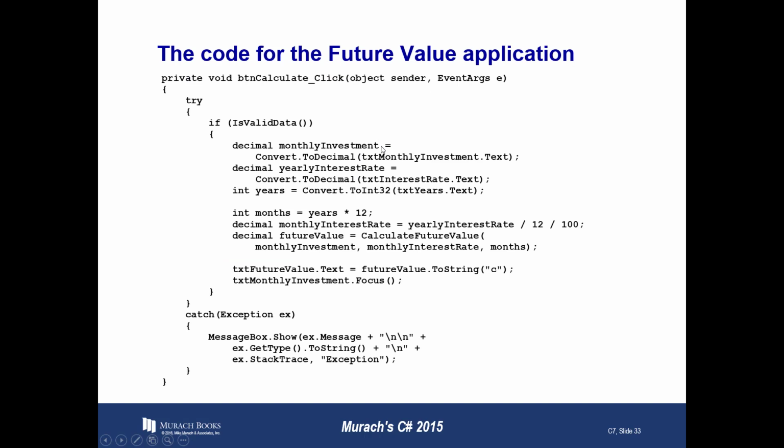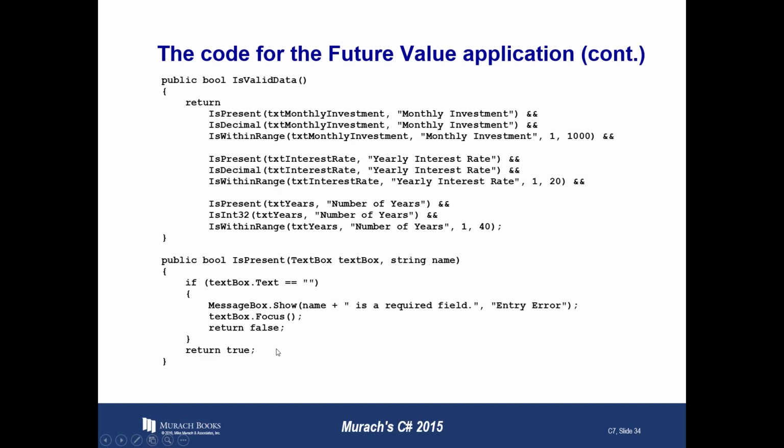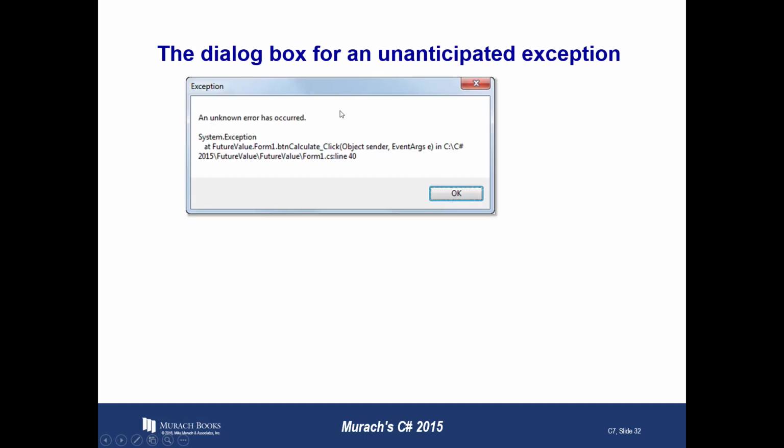So here's their code for the future value. So again, notice this is how they're doing it. If any of this fails, we have just one exception, just a generic. So we'll show the message, the type of exception, and the stack trace. All right. Here they're doing the valid data, but notice, whoops.